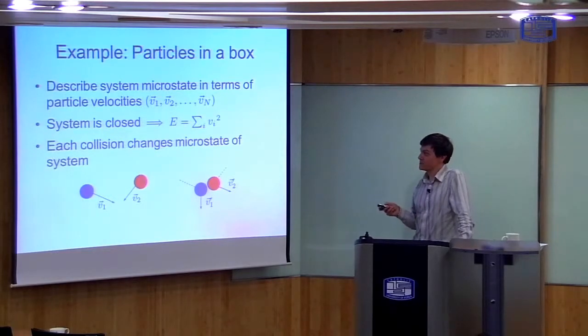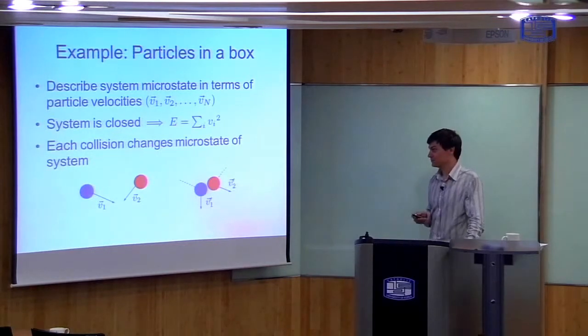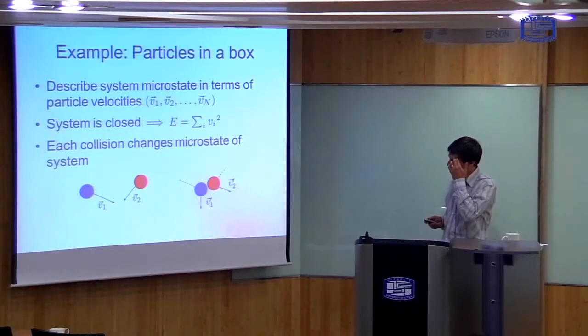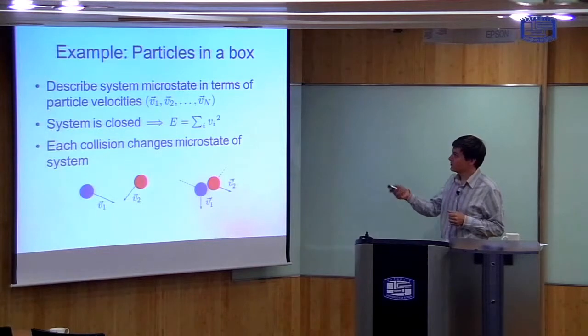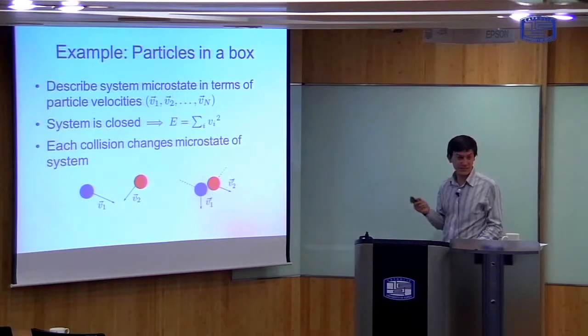If we assume this system is closed, that means no energy or momentum is transferred in or out, then the total kinetic energy must be a constant. And kinetic energy is a half mv squared. So you can ignore m if it's a constant, so I get that the sum of v squared must be a constant. But if you look at the animation I showed you on the previous slide, you see that the microstate is changing.